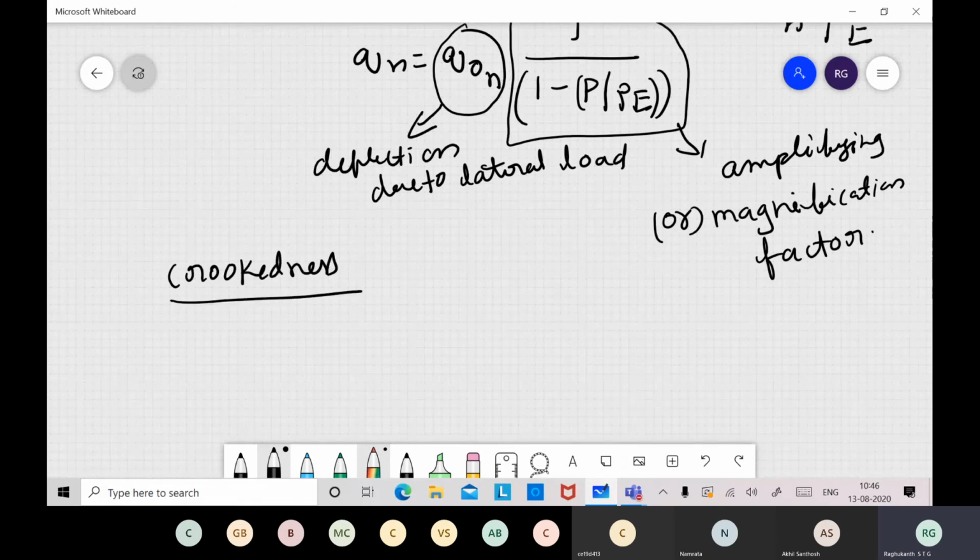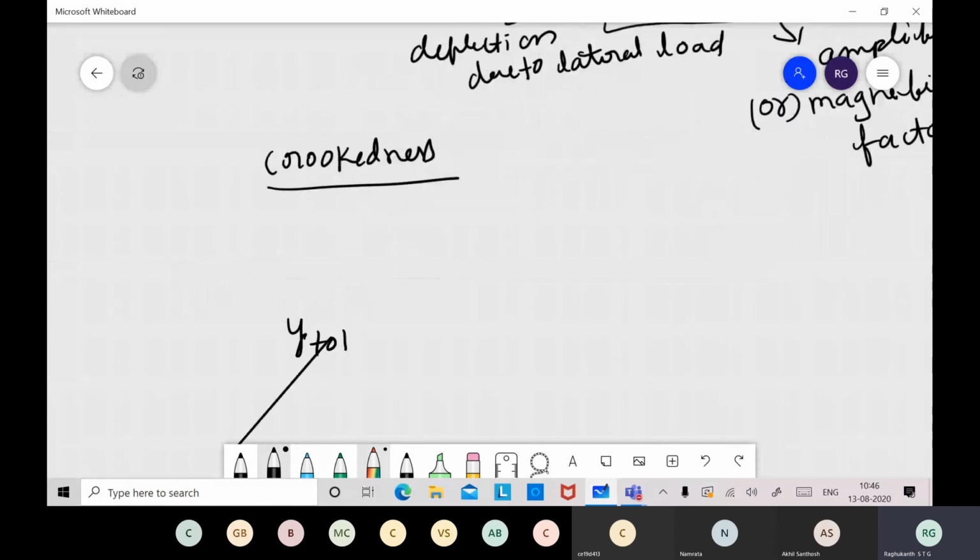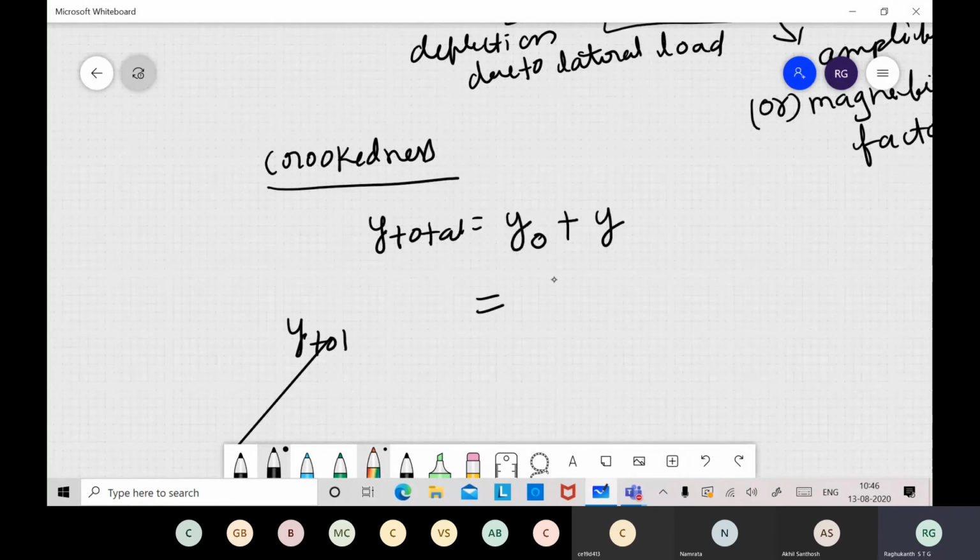What was the expression? Anybody remember? The total deflection. You remember we wrote y total as the initial deflection, that is y naught, plus y. So this was also some v naught. We derived for sine pi x by L, 1 minus alpha kind of a thing.